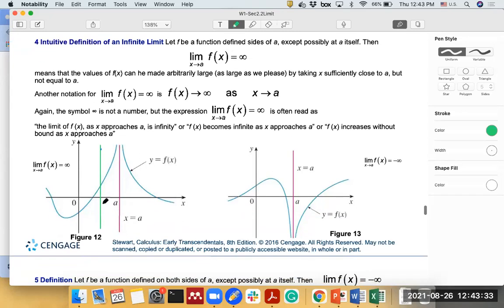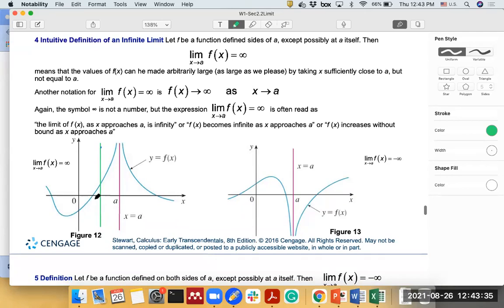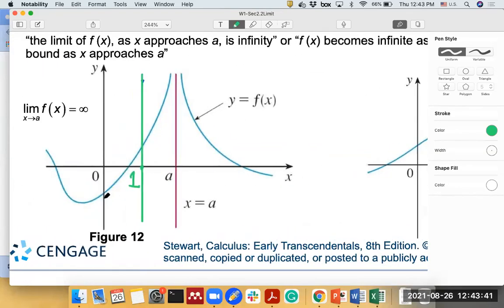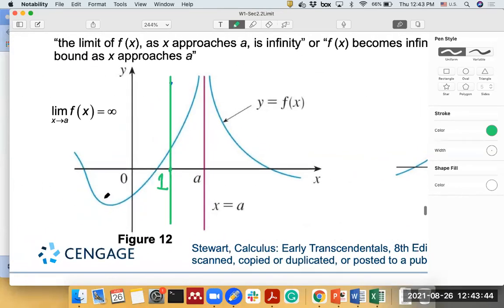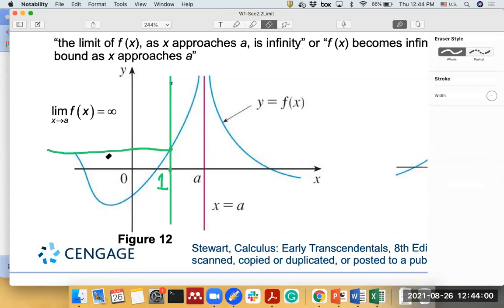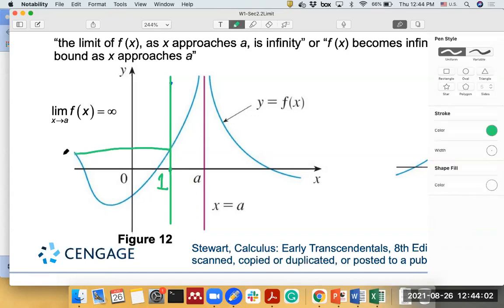For example, if the value we just made up, the value in the x direction here is 1, right? What is the value in the y direction of this curve? We first find the intersection here, right? And then draw a horizontal line from that point here.